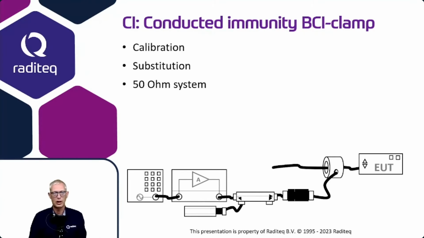It has an effect on the calibration. RadiMation is fully aware of these differences and is able to use the EM101 testing, but BCI clamp testing is fully done too. This is a setup that's very often used for automotive testing, but can also be in other standards.